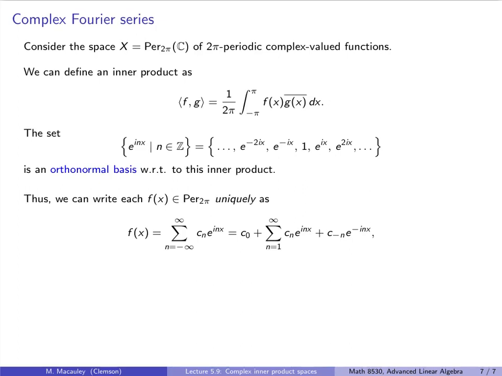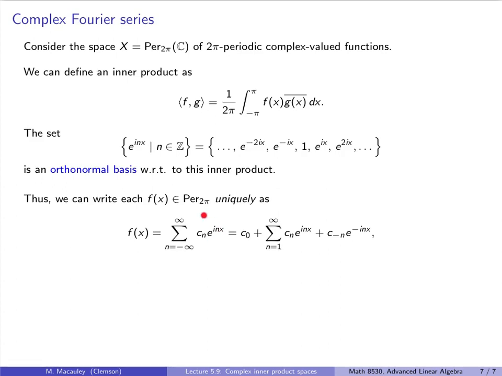Therefore, we can write each f of x in this space uniquely as this doubly infinite sum from negative infinity to infinity of c_n e to the i nx.